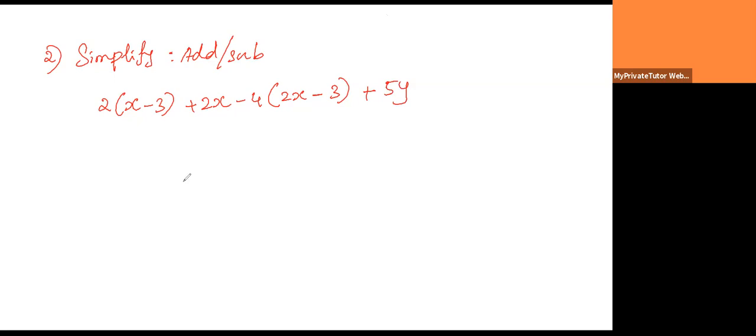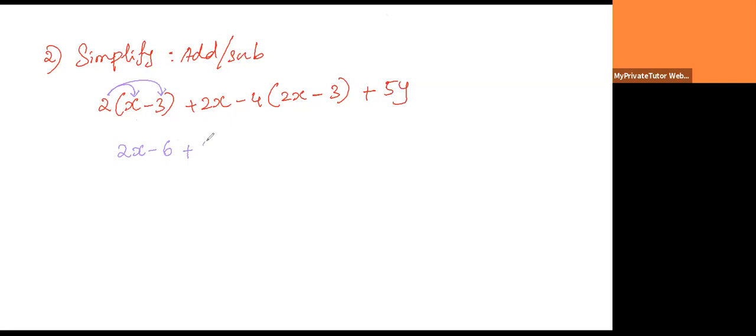So how to simplify this? First thing, you can see that we need to get rid of these brackets, parentheses. Which rule, or which property, are you going to use here? The distributive, isn't it? So distribute 2 here. 2 times x, 2x, 2 times minus 3, minus 6.